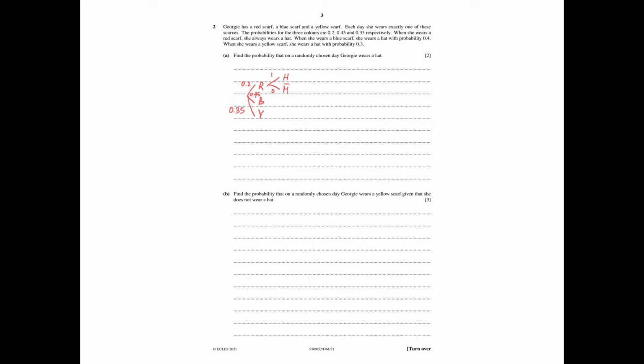So let's move on. When she wears a blue scarf, she wears a hat with probability 0.4. So which means open up the branches from the blue scarf: hat 0.4, and no hat 0.6.